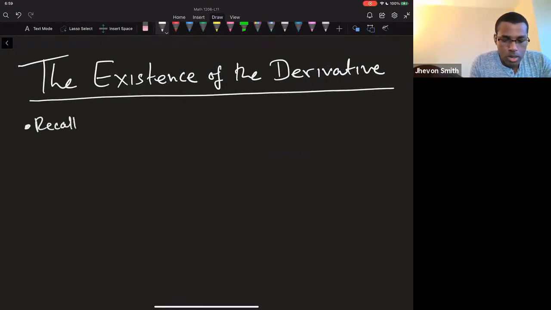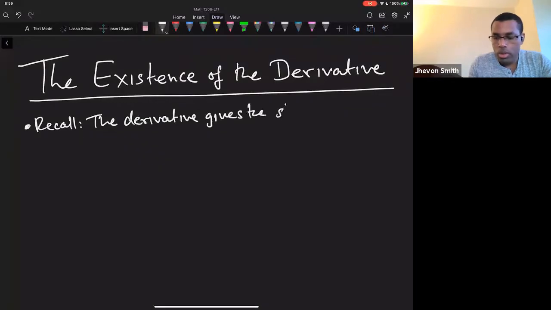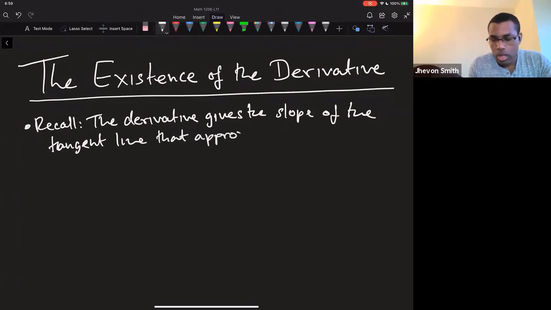Let's say here. So remember, recall the derivative gives the slope of the tangent line that approximates a curve at a point.